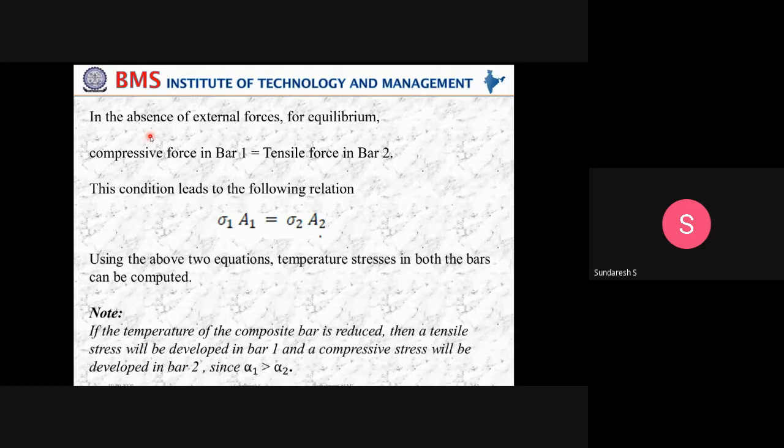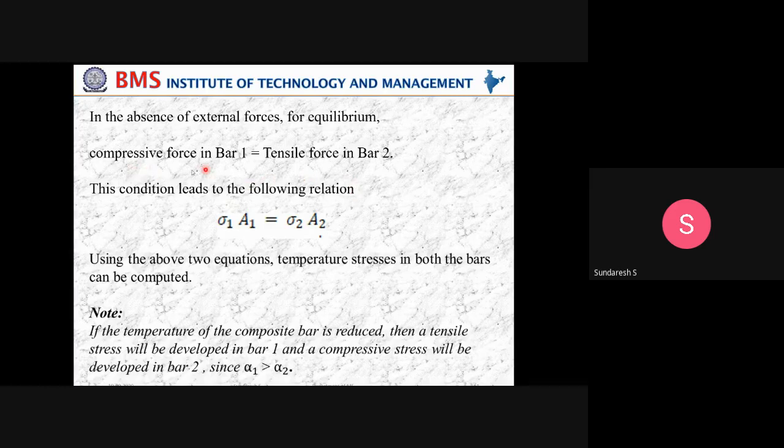So how do we write a force? Force can be written as stress multiplied by its cross-sectional area. Because stress is nothing but a load divided by the cross-sectional area, hence a load can be written as the stress multiplied by the corresponding cross-sectional area. Am I right? So using this equilibrium condition leads to the following equation.